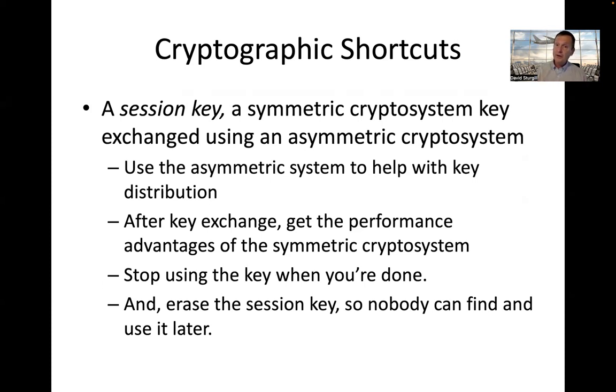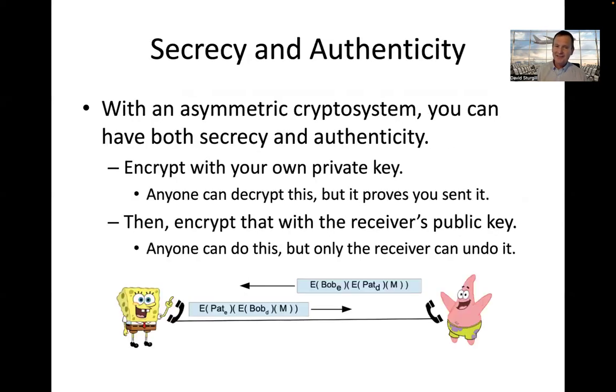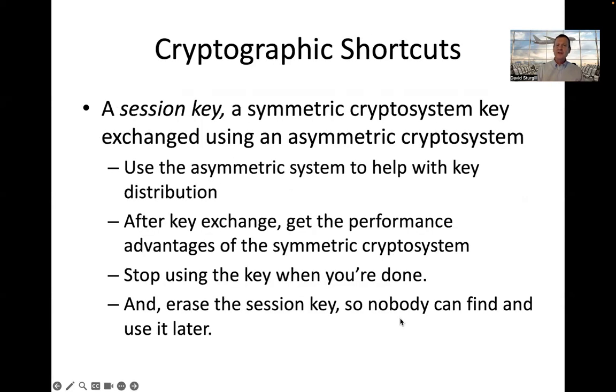If you use your asymmetric key to choose a session key and communicate it between the two participants, you can then use that session key to encrypt everything that you send after that, since that session key was sent encrypted by your asymmetric crypto system.